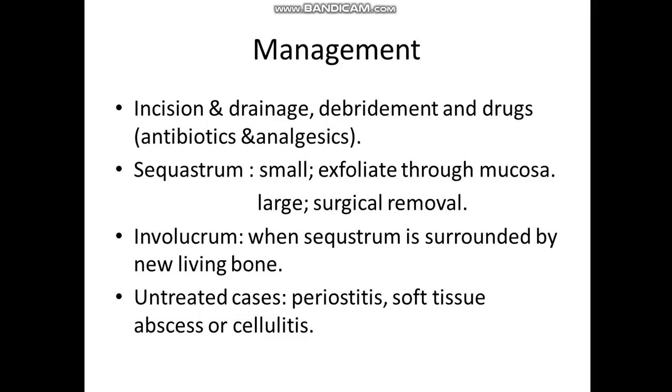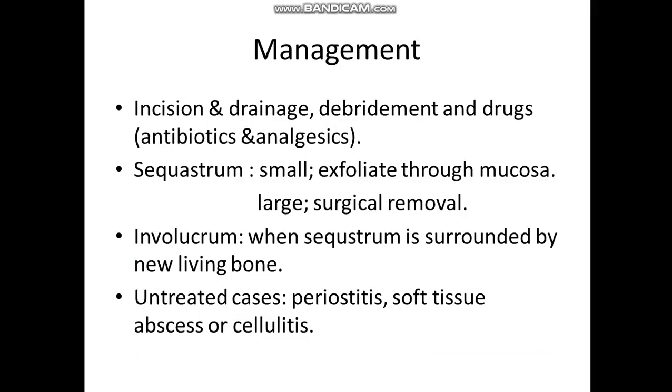This connective tissue separates the involucrum, the new bone formation, from the sequestrum, interposing between them. Actually, this is the reason why the sequestrum is mobile, because it is not attached to the bone; connective tissue separates the involucrum and sequestrum.